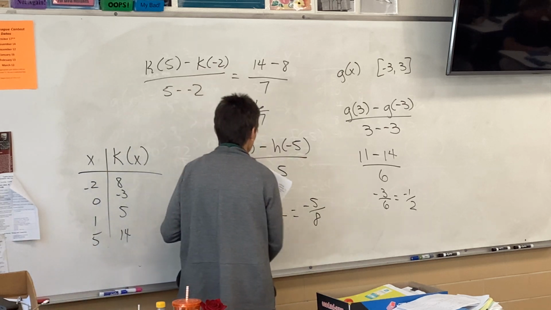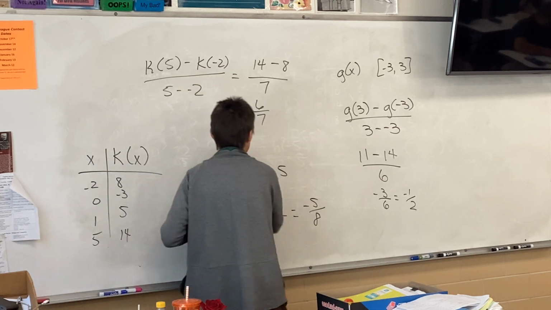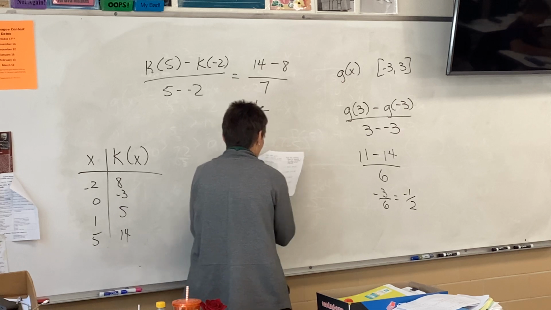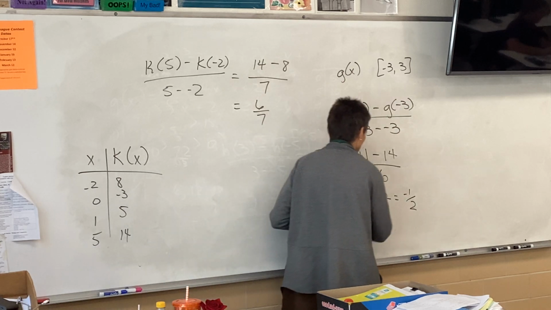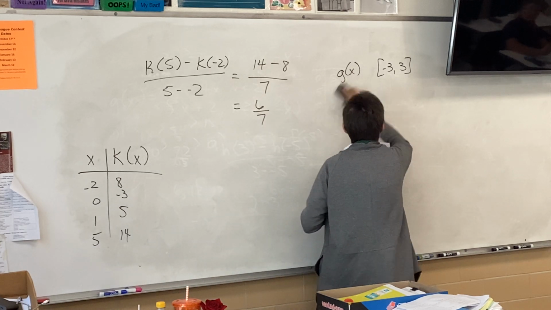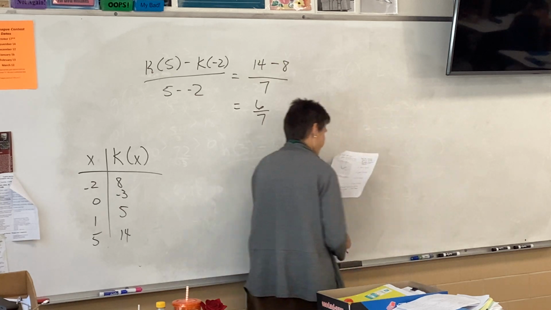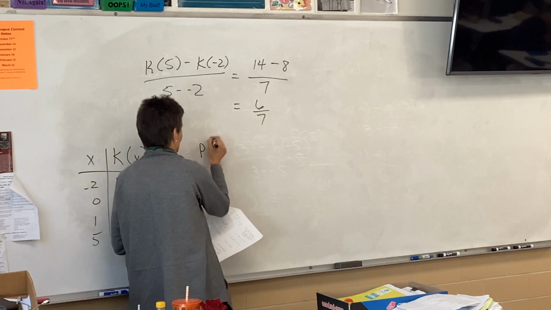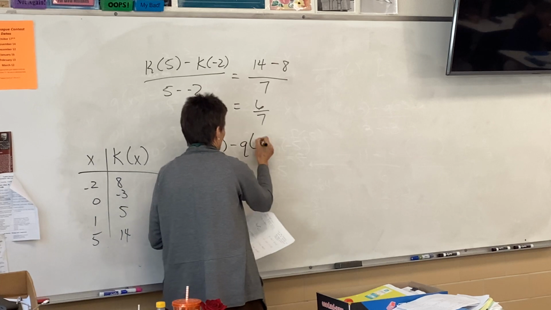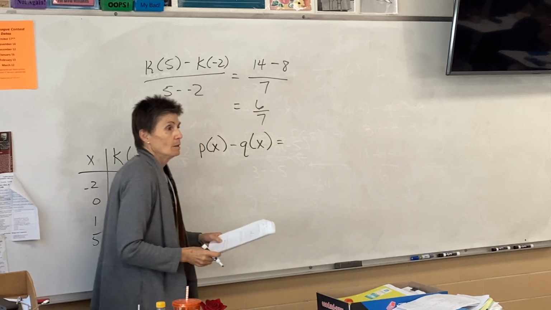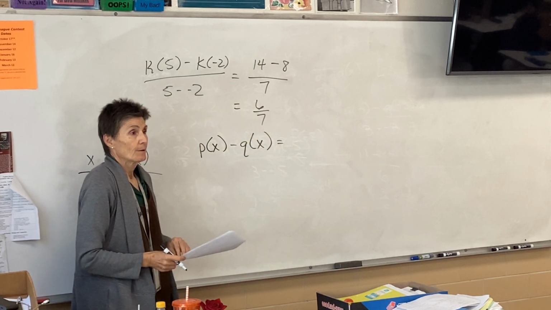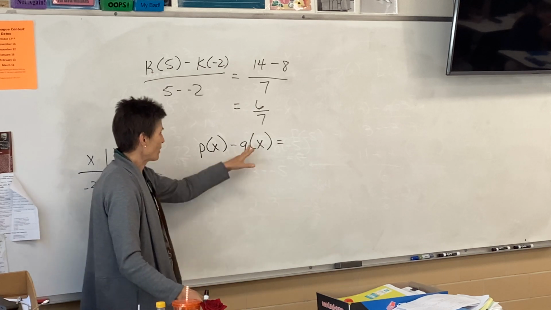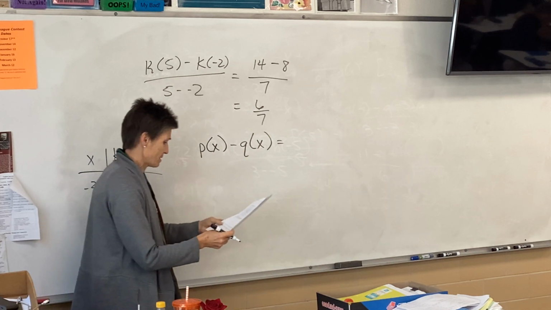We just talked about this. It was in our homework. We just reviewed it. How are we going to prove that P of X minus Q of X is not even? Maybe we should start by figuring out what P of X minus Q of X is.